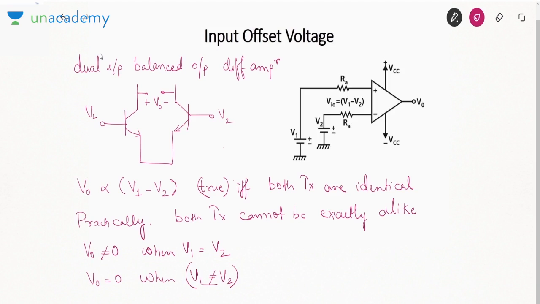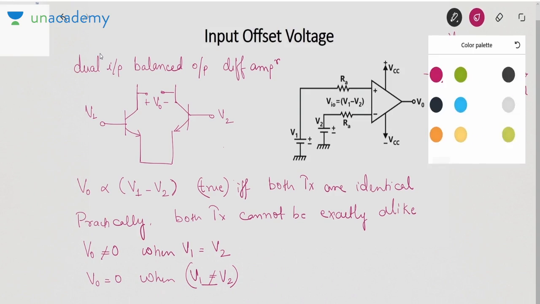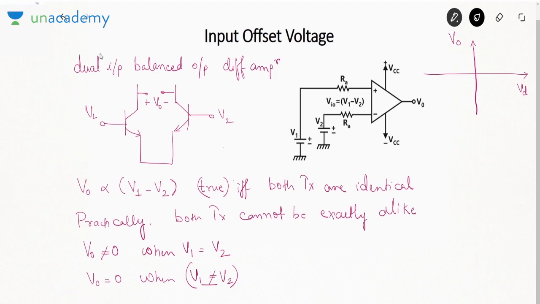That means the characteristic that I was showing you passing through the origin was not practically true. Practically, how does the characteristic look like? It will look something like this. Now this is the difference voltage at which output is 0, and this is the output voltage when difference is 0. The y-axis intercept, what does it say? The output voltage when 0 difference is applied.